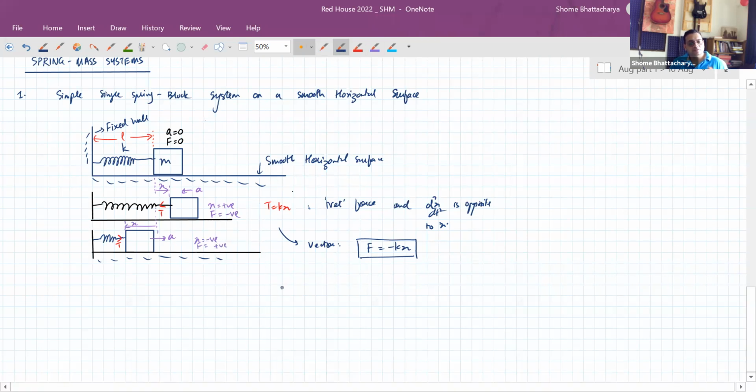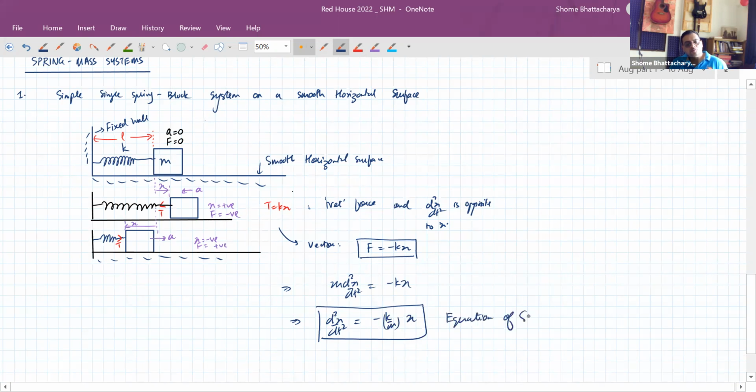And we can see that this is the equation of SHM with the time period of 2 pi under root m by k.